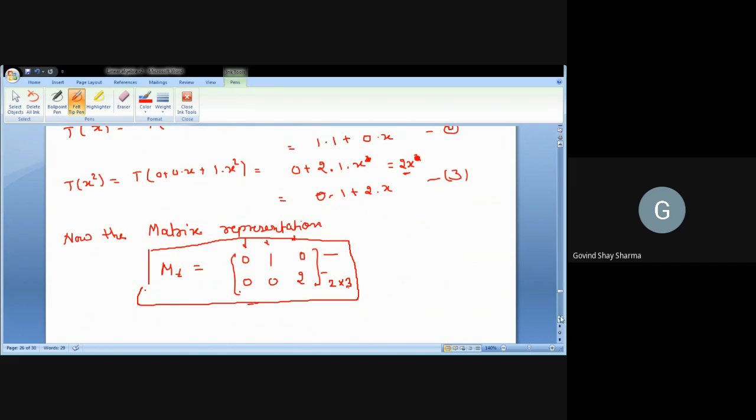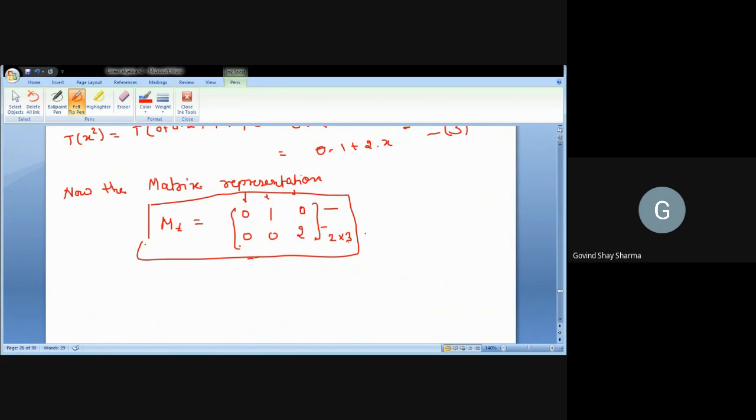Now we can also check whether this is invertible or not. There we get one row is 0, so this is a singular matrix.